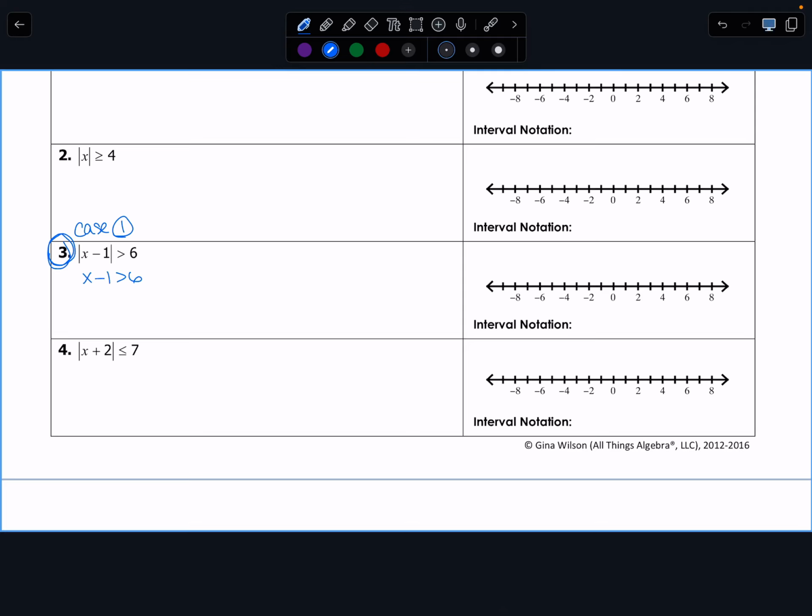I got rid of them all. Then I have another situation, which is or negative of x minus 1 is greater than 6. So all I did is I took what's inside the absolute value, I made it negative. So that's how I come up with my 2 answers. Most common mistake is that you only get one side, which is the first one I wrote down. You forget about the other side.